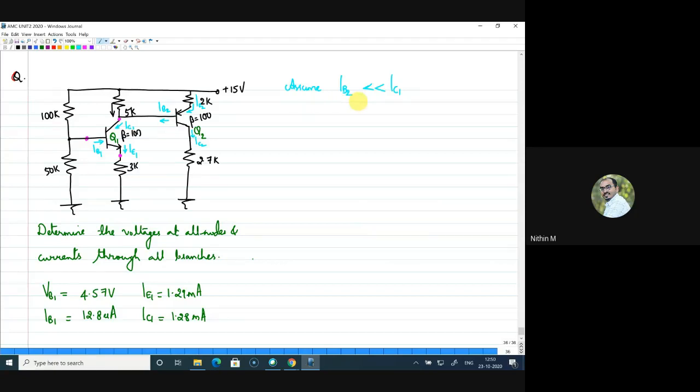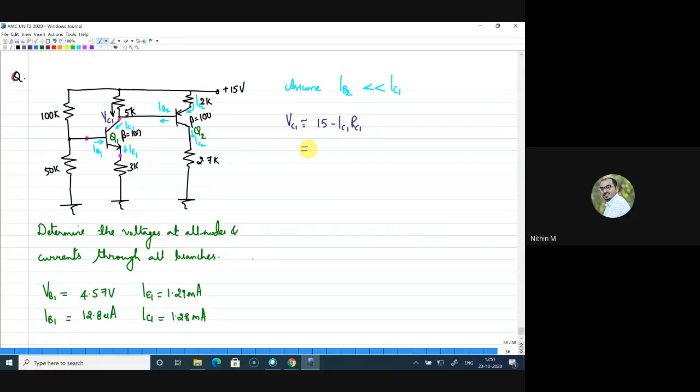Now, we will validate all our assumptions at the end of this problem. If this is true, I can write that VC1, which is the collector point here, can be approximated as 15 minus IC1 into RC1. That is what we have done yesterday. So what was the VC1 value we calculated yesterday?